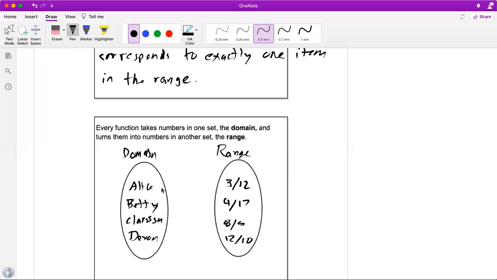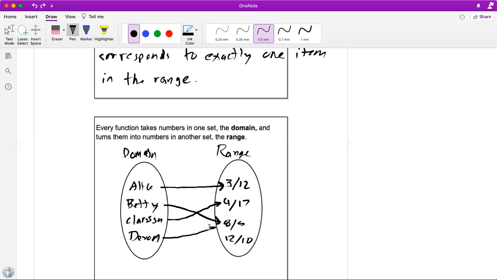And let's say Alice was born on March 12th, so the function that matches people to their birthdays would match Alice to this. So let's say Betty was born on August 5th, so this would connect her. And let's say Clarissa was born on April 17th, so that would go here. What if Devin was born on August 5th also, which I'm sure you all know two people with the same birthday? Then she would also connect to that same place here.